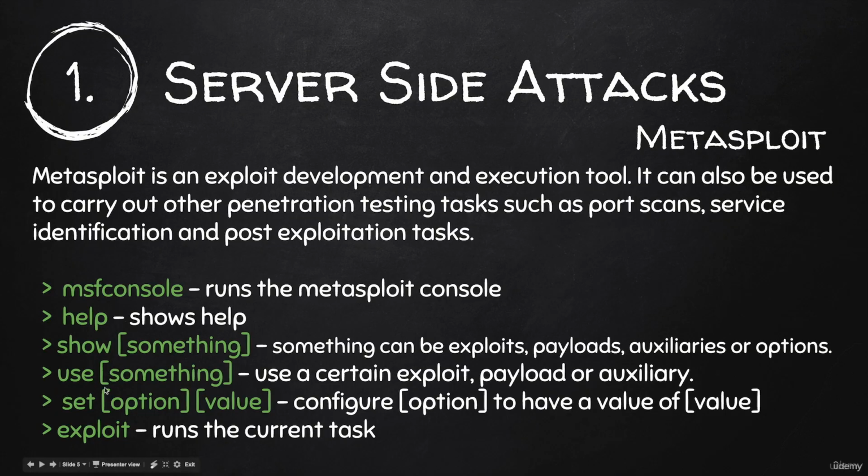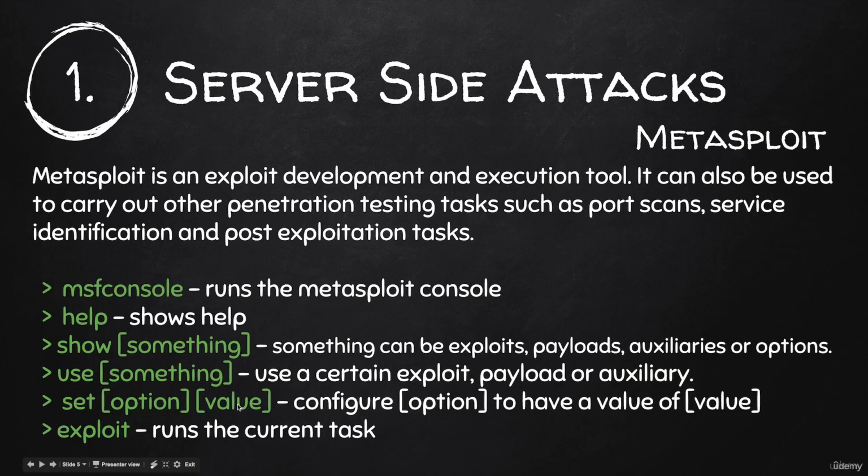You can use the use command to use something that you've shown. So for example, you showed exploits and you picked a certain exploit that you want to use. Then you use the use command and type in the exploit name to run it. Then you can use the set command to set specific options for the exploit. For example, if you wanted to set the IP address of your target, you set the IP and then put the value of the IP that you want.